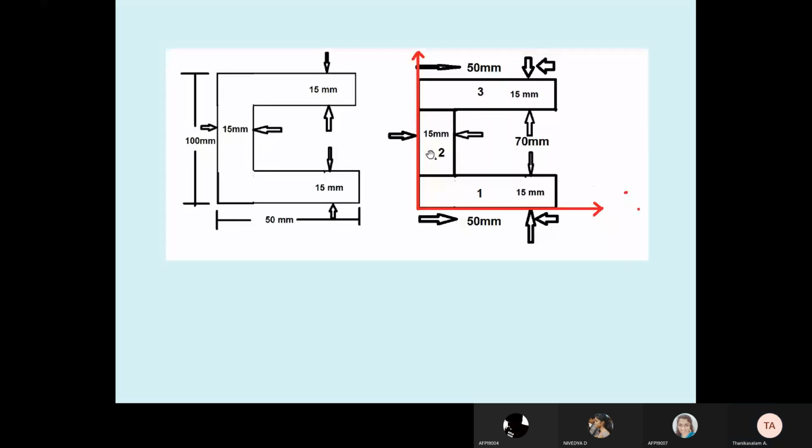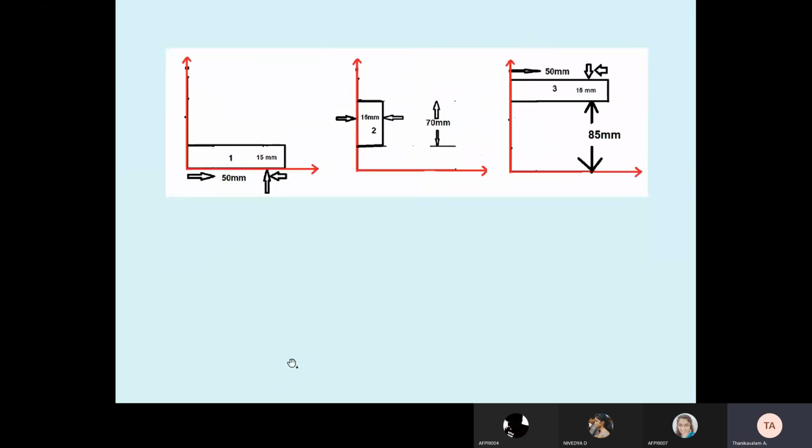Therefore 70. So the second rectangle is 15 mm into 70 mm. Okay, then the third one is 15 mm into 15 mm. Okay, students, now see the figure is divided, each one separate from the reference axis.